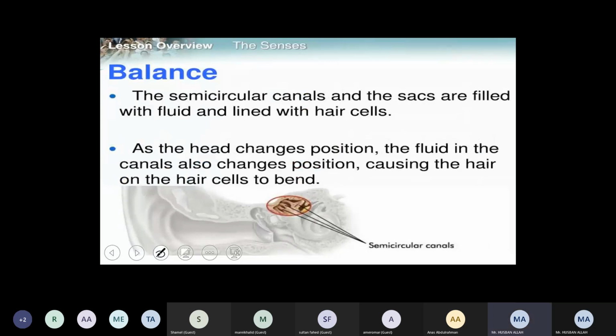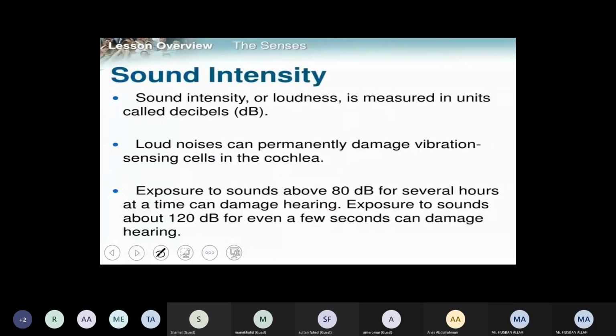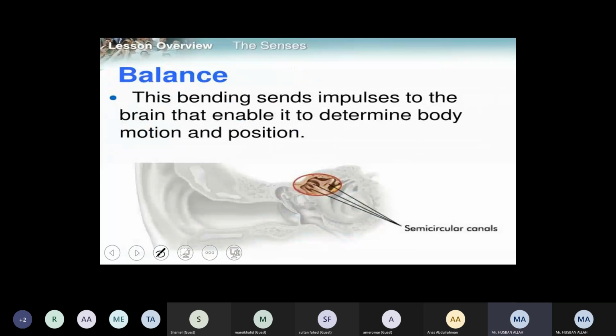The semicircular canals and the sacs are filled with fluid and linked with hair cells. As the head changes position, the fluid in the canal also changes position, causing the hair cells to bend. This bending sends impulses to the brain that enable it to determine body motion and position.